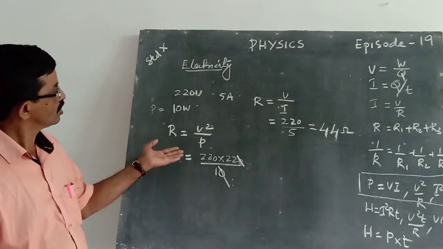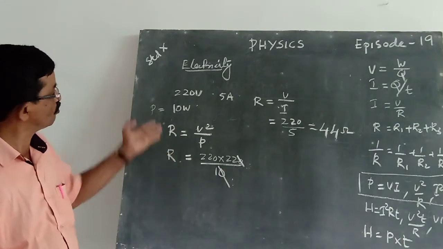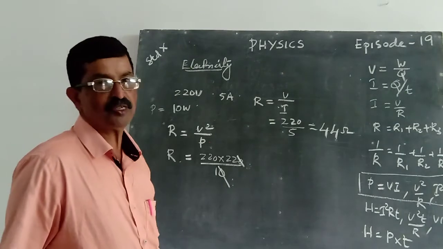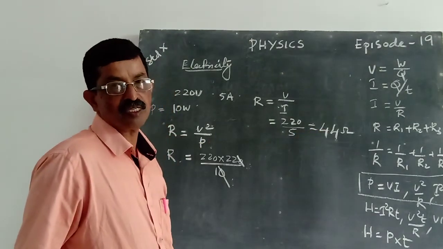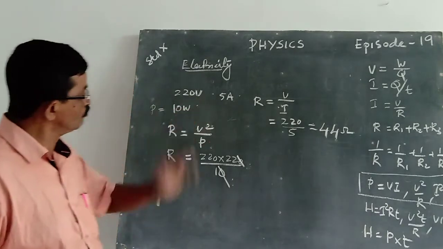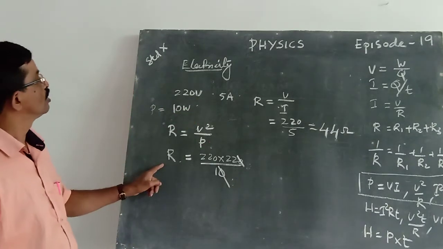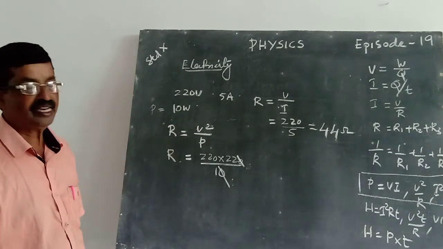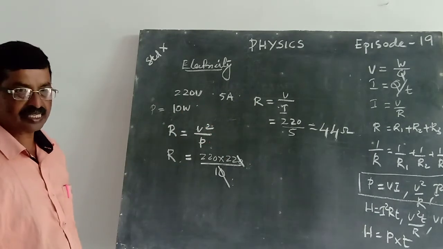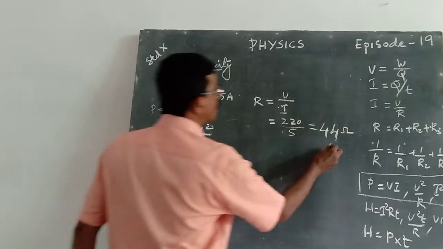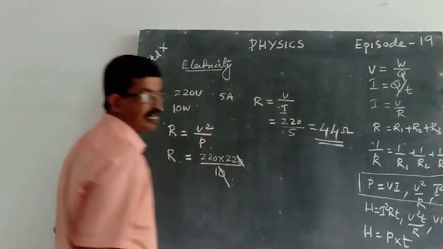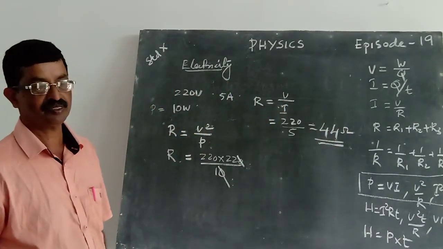Then we want to connect a number of 10 watt bulbs in order to get 44 ohm. So to get 44 ohm, how many of these do we want to connect? See, here the effective resistance is given as 44.